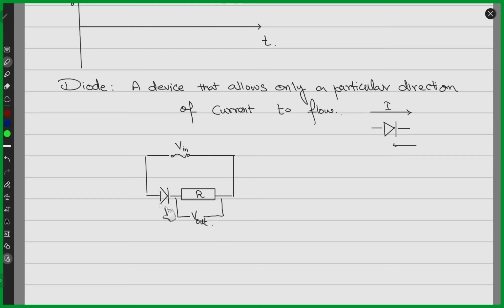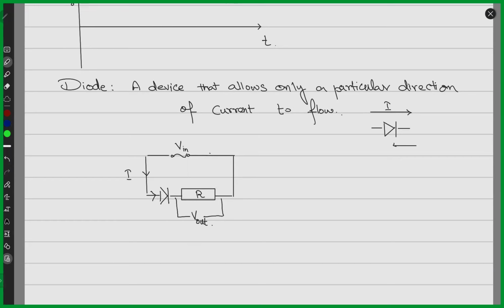This only happens when the current flows in this direction. So that means the current flows through the diode, and the diode conducts and sends the current to the resistor R. When the current flows through this resistor R, it causes a potential drop across it according to V equals IR.